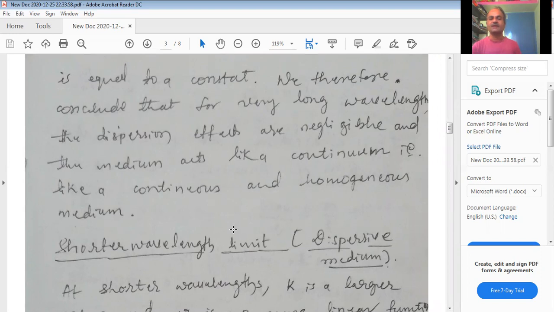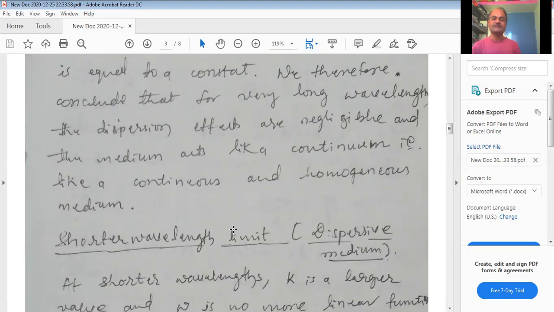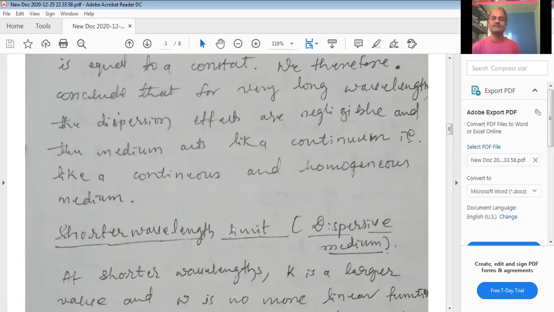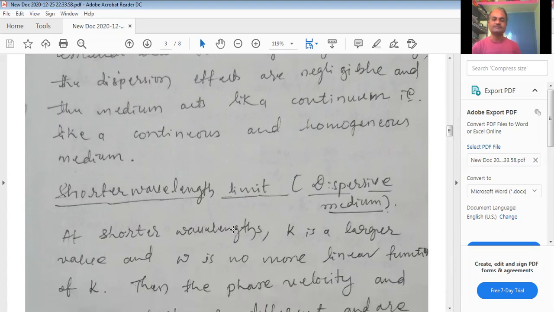So for longer wavelengths, what happens? The dispersion effects are negligible because the velocity does not depend upon the wave vector or the frequency, and thus the medium behaves as a continuous and homogeneous medium.